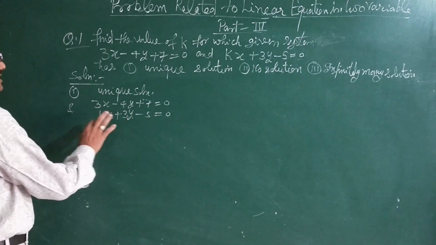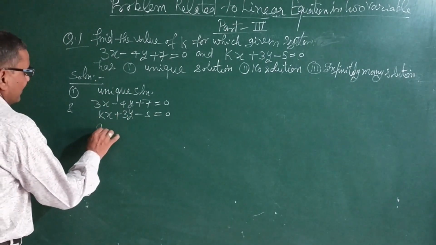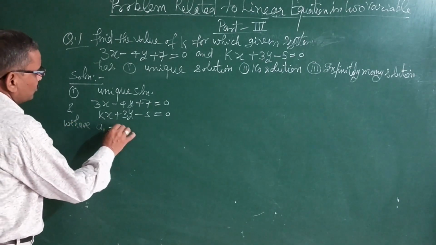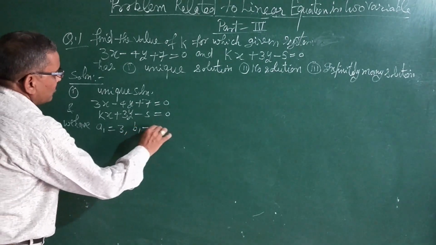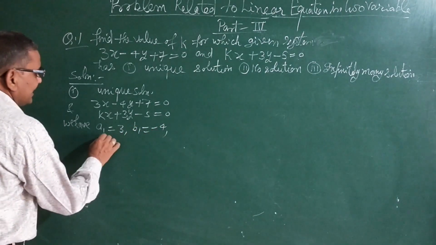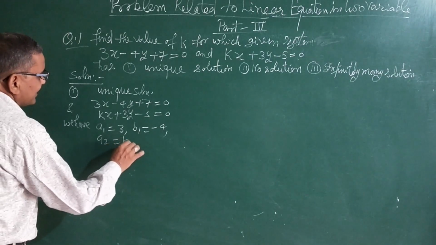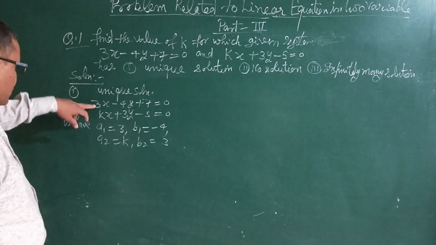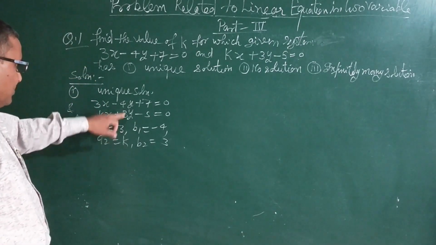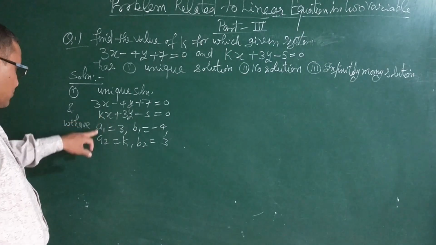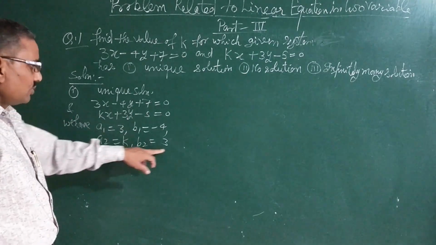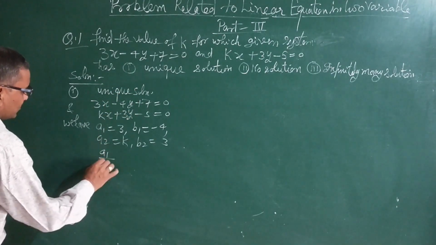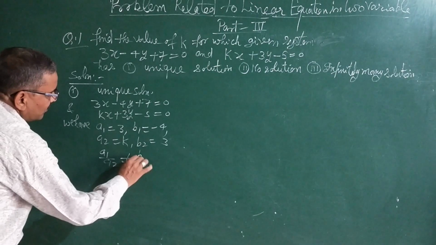Comparing with the standard form, we get a1 is equal to 3, b1 is equal to minus 4, a2 is equal to k and b2 is equal to 3. Now for uniqueness of this solution, a1 upon a2 not equal to b1 upon b2.